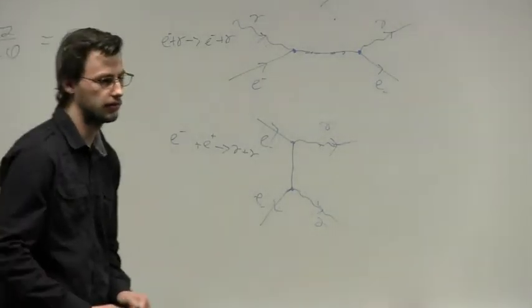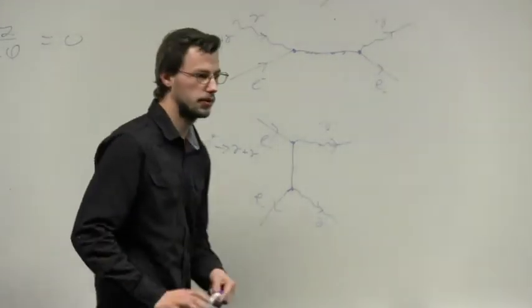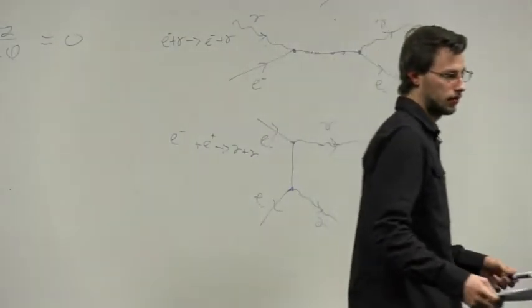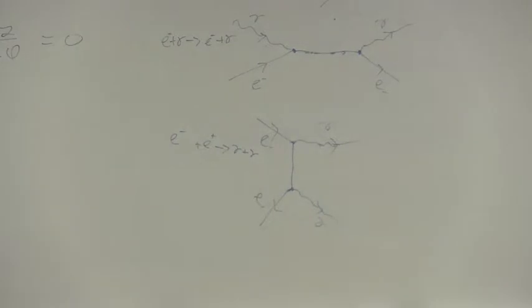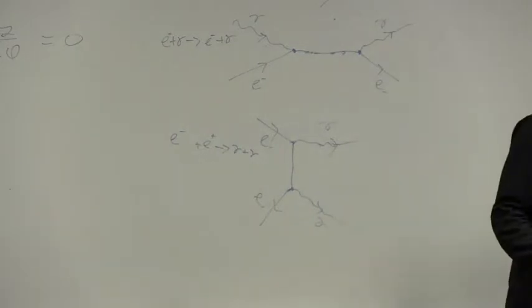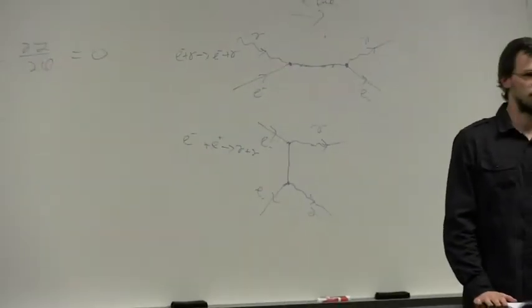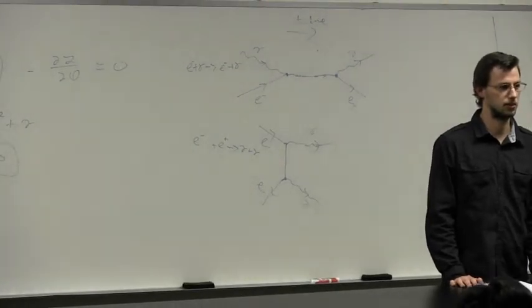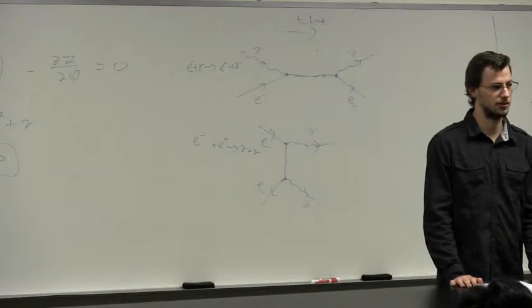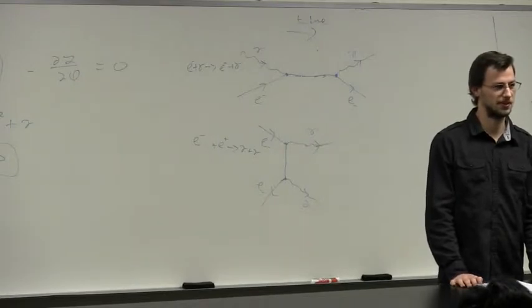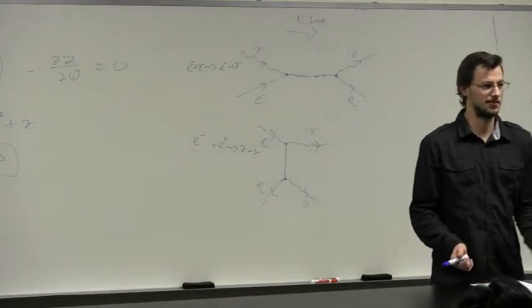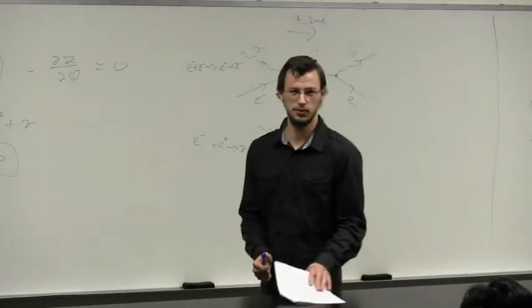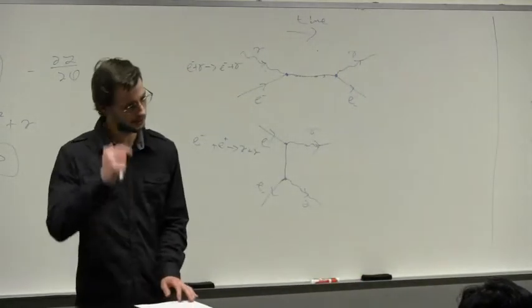Is there a quick way to demonstrate that a photon must be its own antiparticle? I don't know if there's a quick way. There's a way to show it, but I don't think it's quick. Do you know a quick way? I don't. I'm not sure there's a quick way to show that a photon is its own antiparticle.